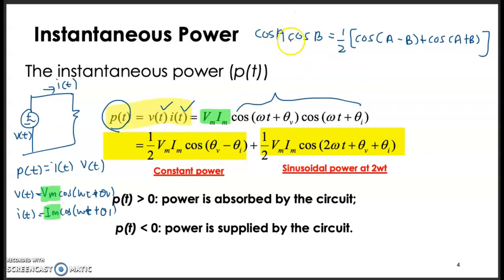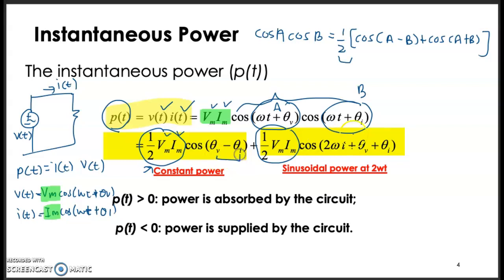Using the trigonometric identity, cosine A multiplied by cosine B gives half of cosine A minus B plus cosine A plus B. A minus B means omega t minus omega t becomes 0, leaving theta V minus theta I. And A plus B, omega t plus omega t becomes 2 omega t plus theta V plus theta I.